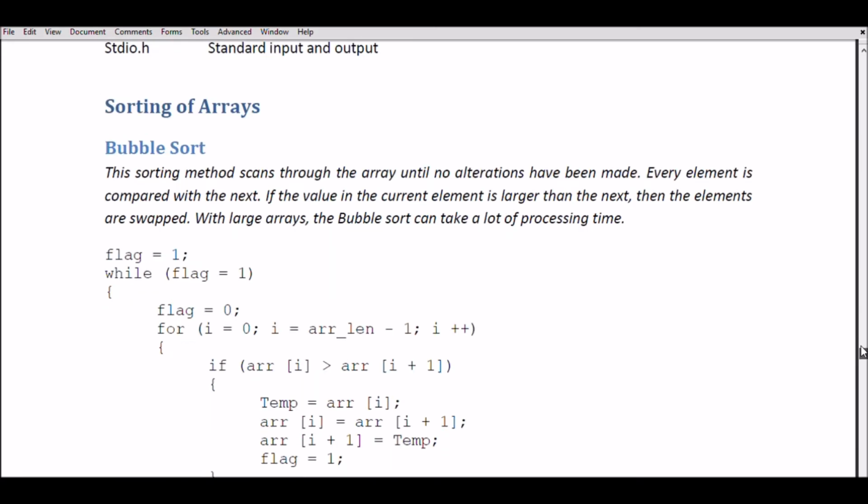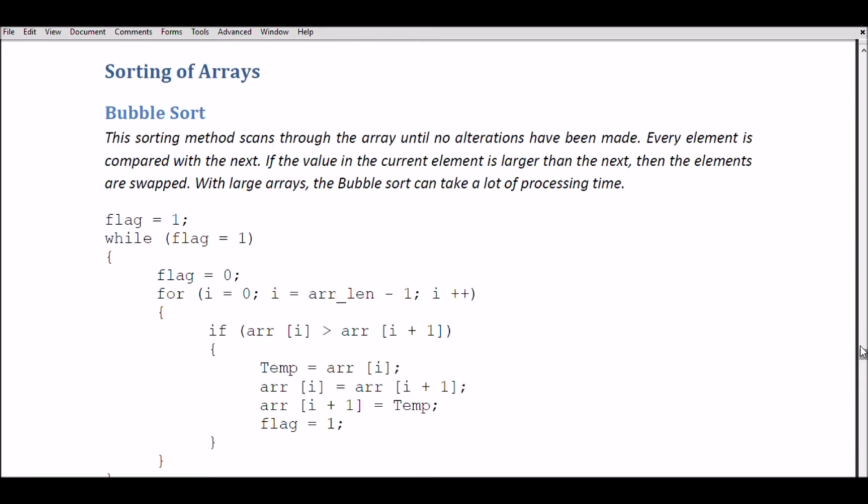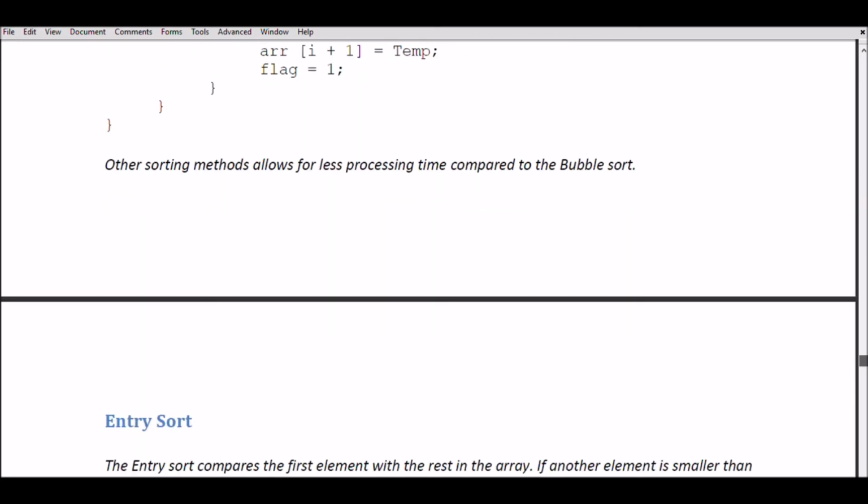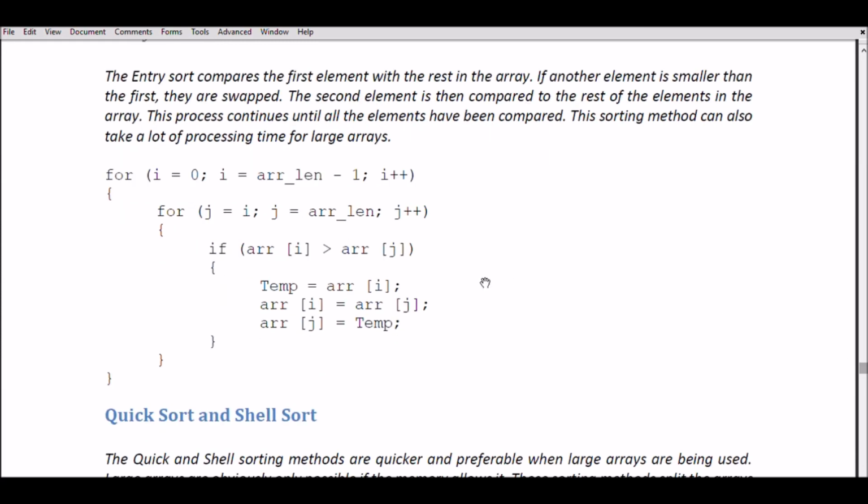Okay, then you've got sorting of arrays. I'm not even going to go through the code over here in detail, but essentially sometimes you do need to sort arrays in order, and so you get your bubble sort. Essentially you're just comparing different elements in an array and swapping them around, and that's what this main feature is doing. You also get your entry sort as shown over here.